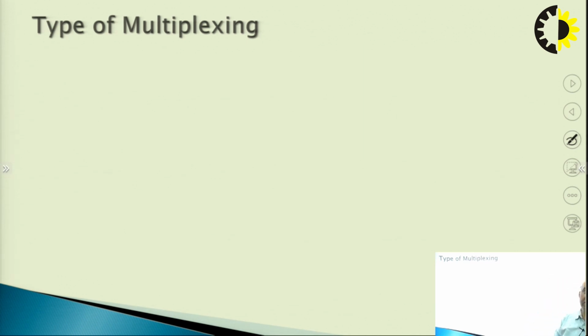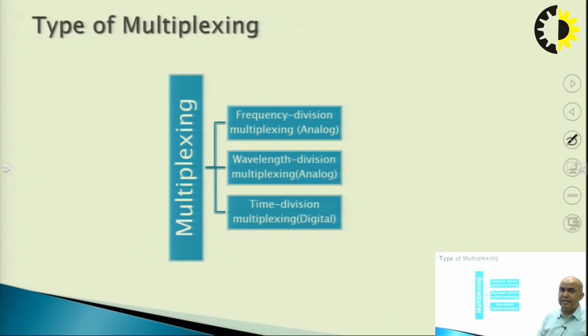One is frequency division multiplexing, then wavelength division multiplexing, and time division multiplexing. The first two are analog, and the third one is digital multiplexing.